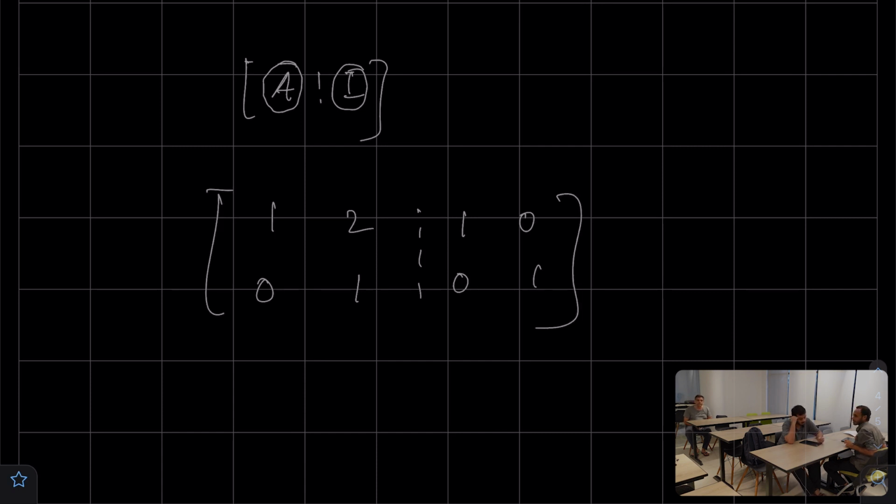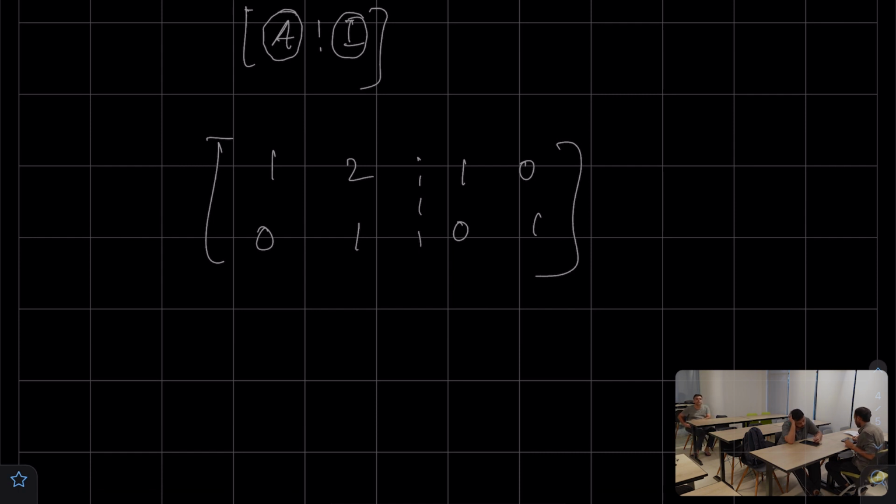Okay. So a simple example can be like 1, 2, 0, 1. If I set it up like this with 1 0 0 1 and use the algorithm for the inverse matrix, to make this a row reduced echelon matrix, what are you going to do?